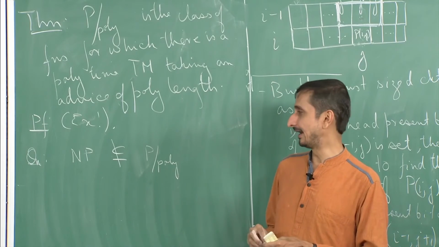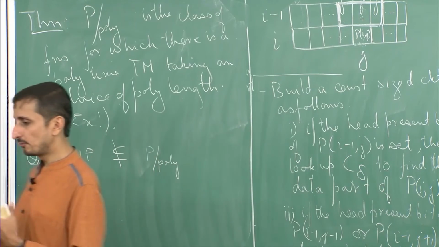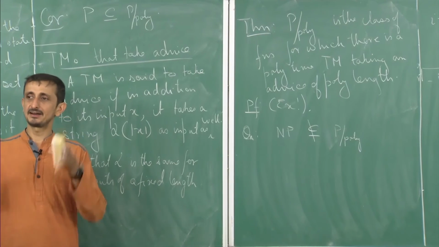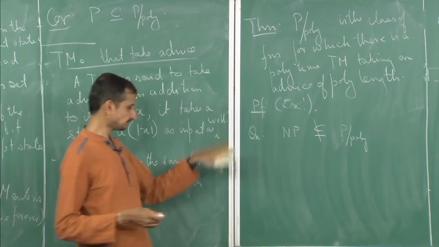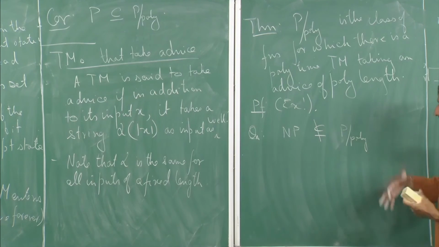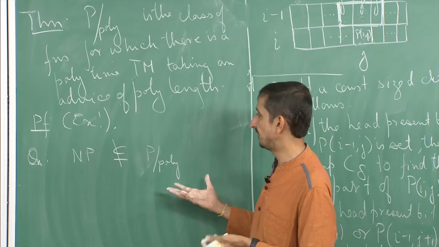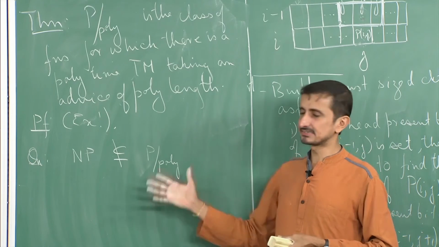It seems quite unlikely, and there are even results which show that if NP is in P/Poly, then there is some de-randomization that happens. So, that is quite unlikely. Therefore, researchers tried to relax this problem.